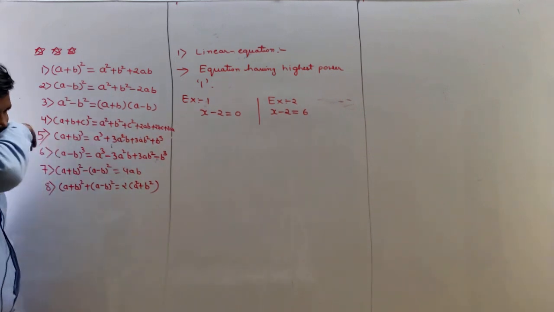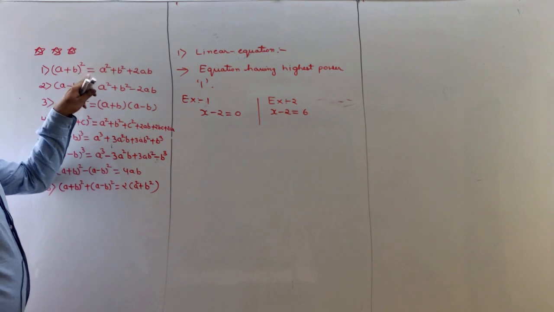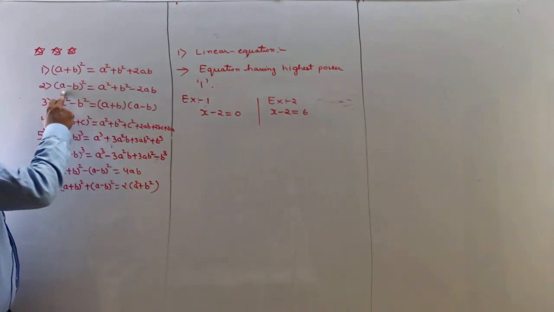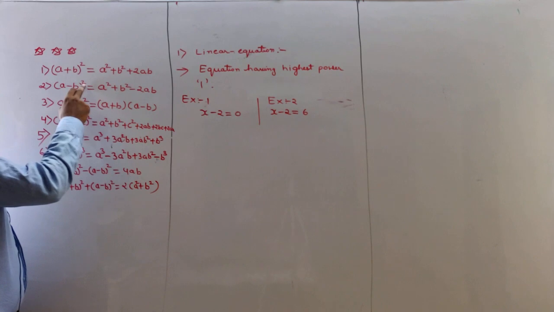So first formula is a plus b whole square, that is equal to a square plus b square plus 2ab.